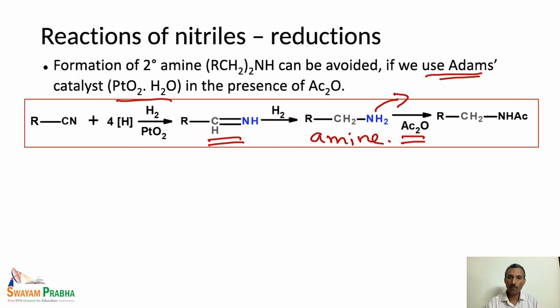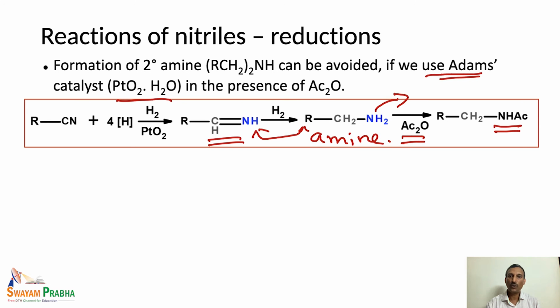When the amine is acylated, we don't have any more primary amine in this system. If you look at the previous reaction, that is the Mendius reaction, this primary amine reacts with the imine, and these two combine together and react to give the secondary amine.